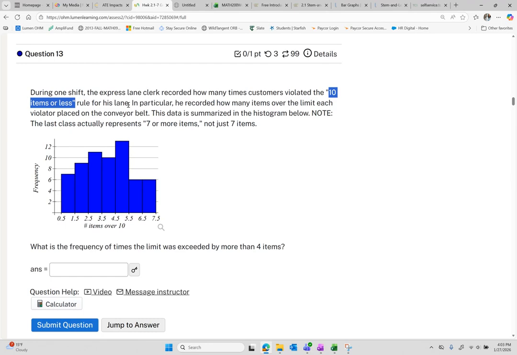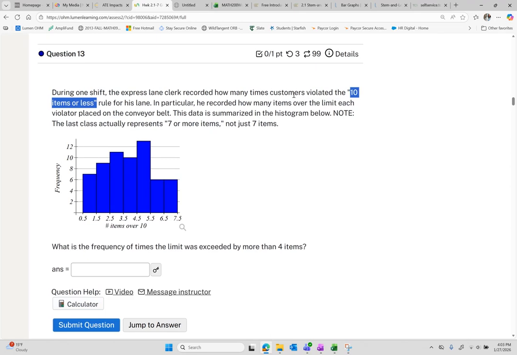So 10 items or less means you can go there if you have purchased 1, 2, 3, 4, etc. up to 10 items. But if you want to purchase 11 items, and you go to the express lane, then you are violating the 10 items or less rule by 1 item.